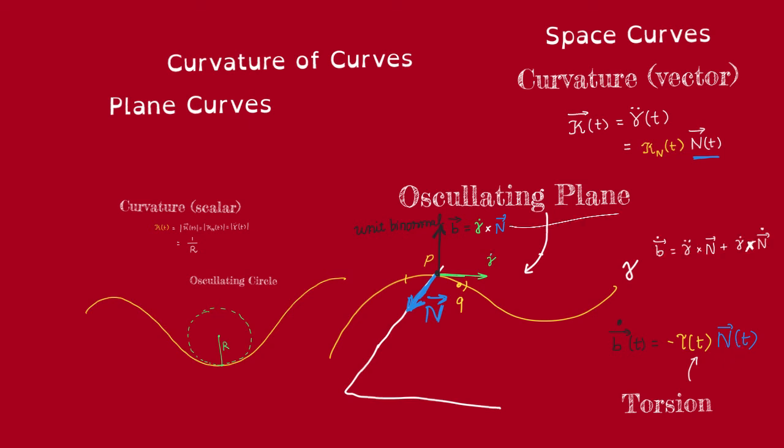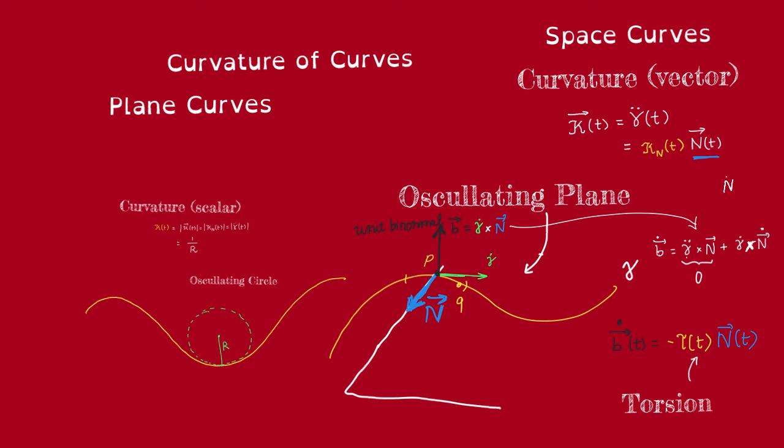Let's differentiate this and use the product rule. Now this unit normal and this acceleration vector are parallel, so the cross product is just going to be 0. Thus this derivative is going to be perpendicular to this velocity vector gamma dot and the derivative of this unit normal. So let's see what we know about this.